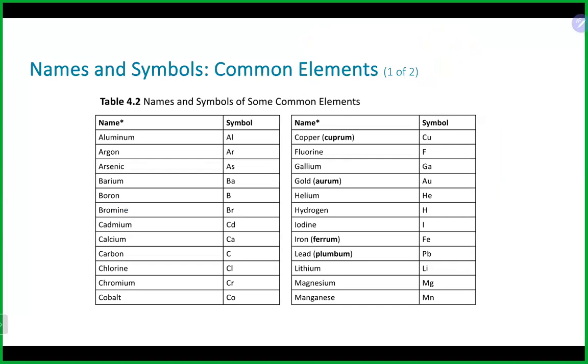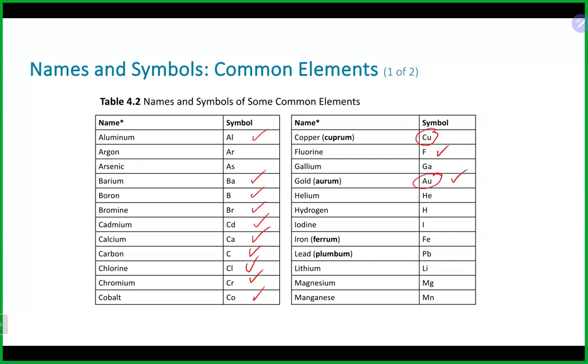As you go through this list, some of the popular ones are aluminum, barium, boron, bromine, cadmium, calcium, carbon, chlorine, chromium, cobalt. These are all ones we see. That is copper, Cu, which sometimes people want to write CO, which, as we just mentioned, is cobalt and not copper. Fluorine, definitely one.